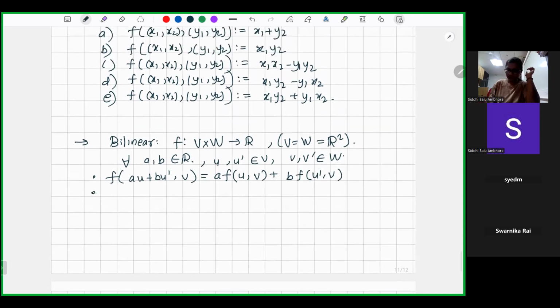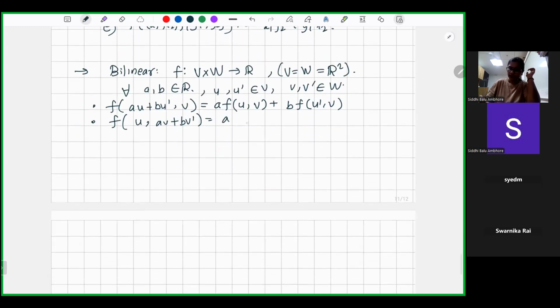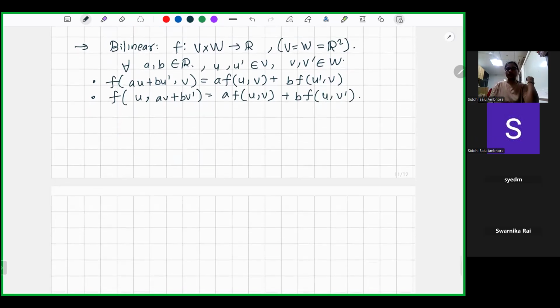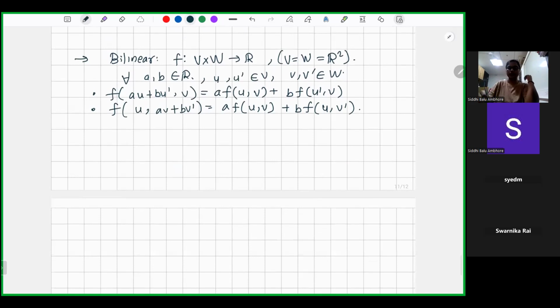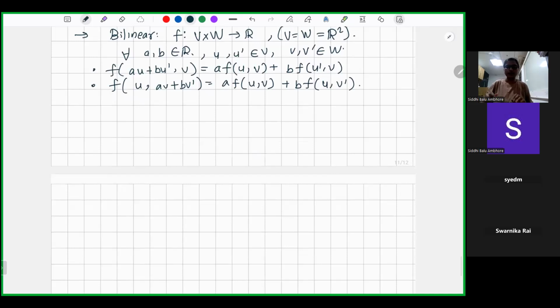And second is f of (u, av plus bv dash) is a f of (u, v) plus b f of (u, v dash). Okay, so these are the two properties it must satisfy. Since we are over R, it's not a problem, but if we are doing it with complex numbers, we have to take conjugates and everything. But okay, we are in R, let us focus on that.